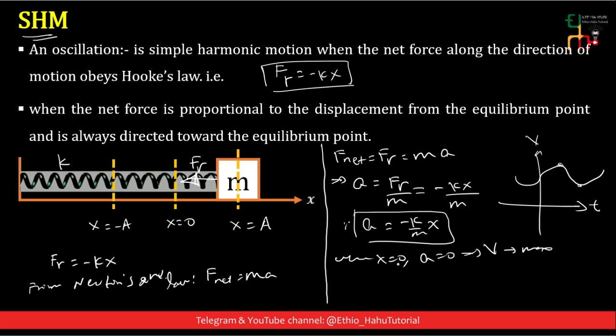Therefore, when x equals 0, the acceleration is 0 and the velocity is maximum. When x is maximum, x max means amplitude, then the acceleration is equal to minus k over m times a. Therefore, the acceleration of the particle is proportional to the displacement x and directed towards the equilibrium position.